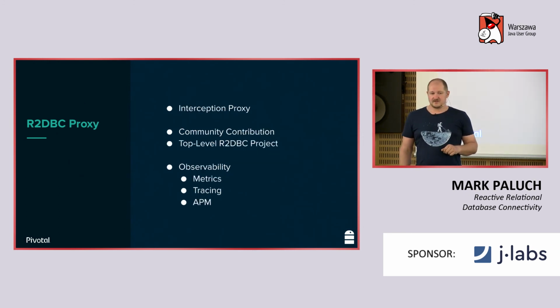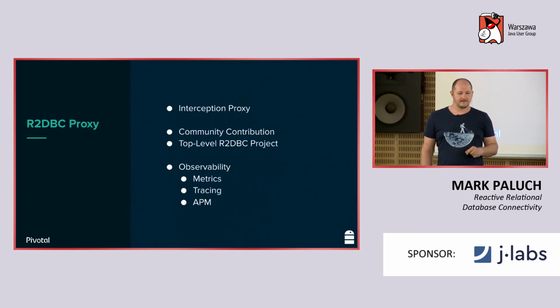Now, what is this R2DBC proxy? So you have heard about things like Micrometer, Zipkin, AppDynamics, New Relic, these kind of things, which are able to pull out information from your runtime system. And they do it for a lot of Java components, and one of these is also JDBC.